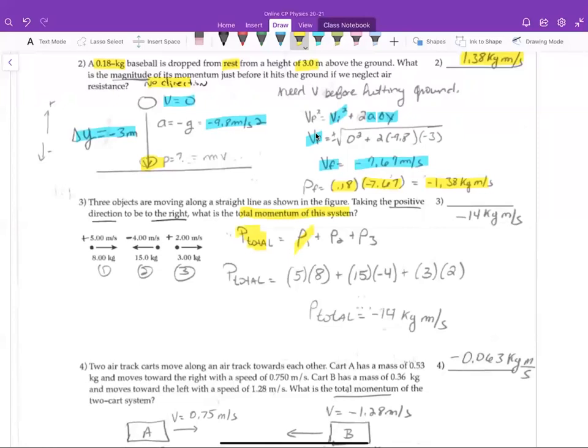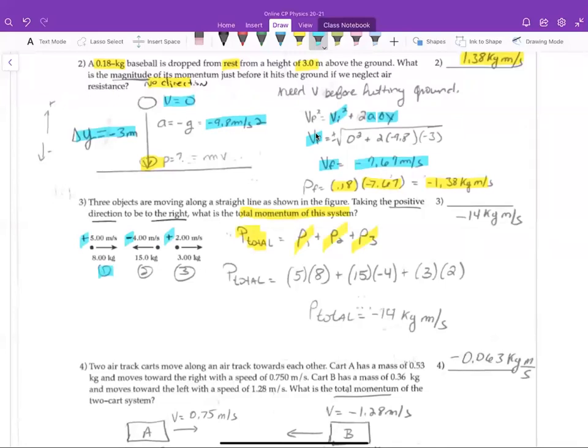It's the momentum of 1 plus momentum of 2 plus momentum of 3. They didn't give me the signs, so I have to plug in the signs. To the right is positive, to the left is negative. So you have to pay attention to make sure you have the sign.